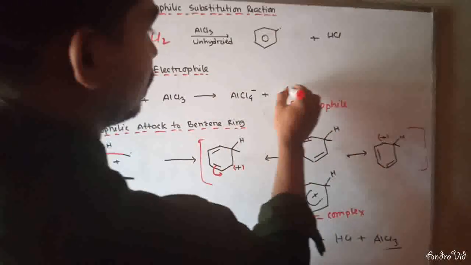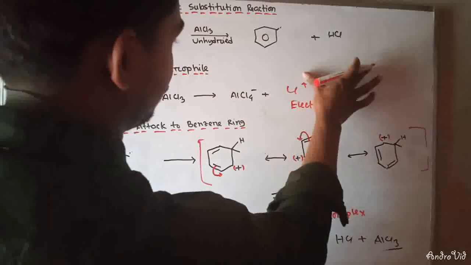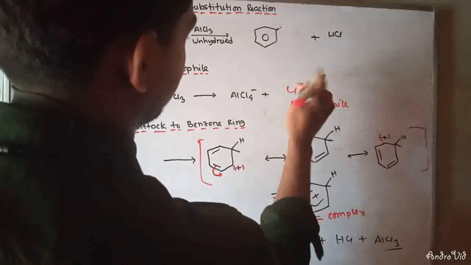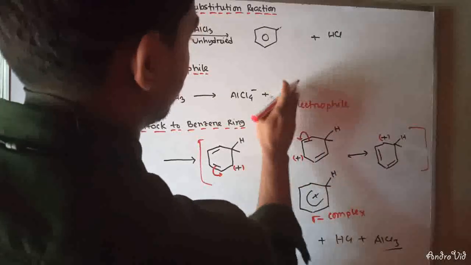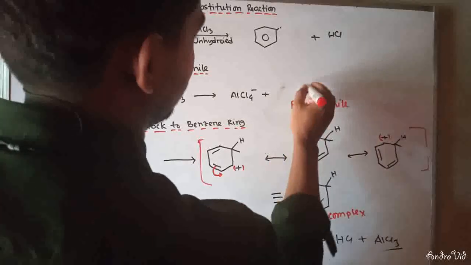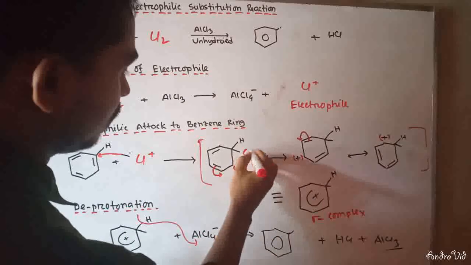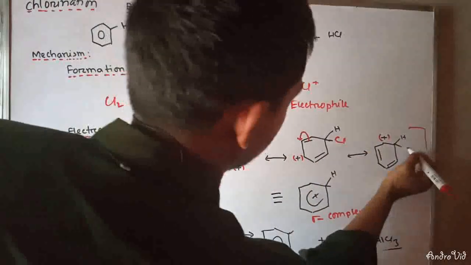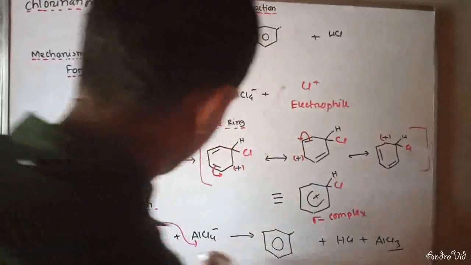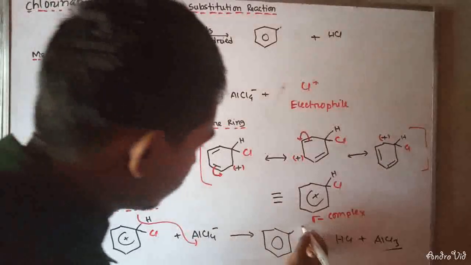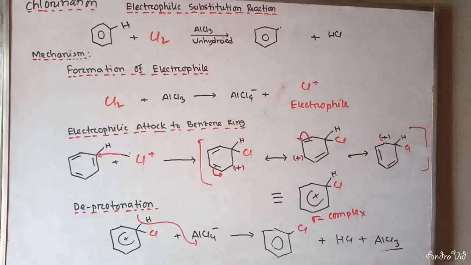Cl2, Cl plus electrophile. So chlorobenzene will be produced here.